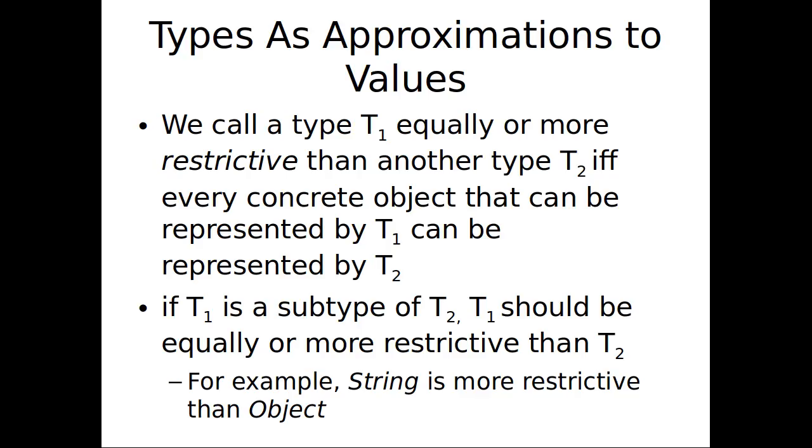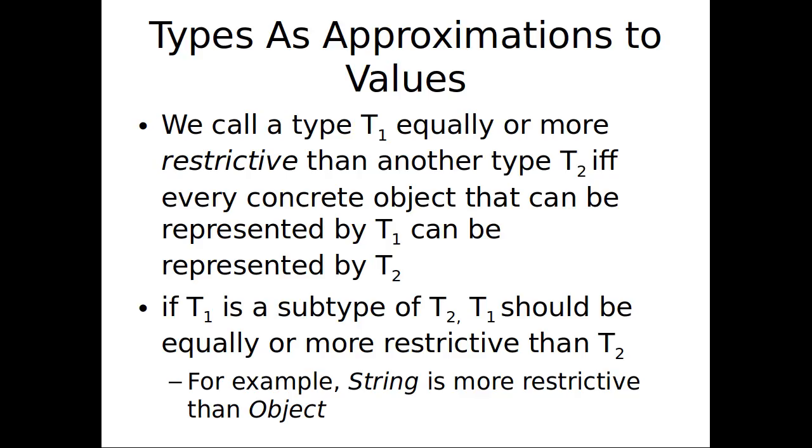Sorry, this is just laying out relationships between types. So string, we say, for example, is more restrictive than object in the same sense that I've used here with these sets. If we have all objects, strings are a subset of them, right?